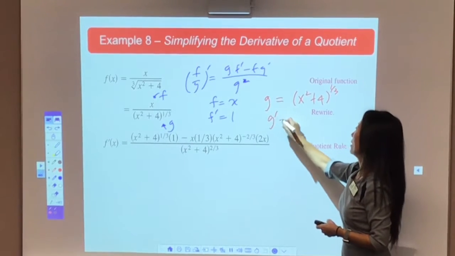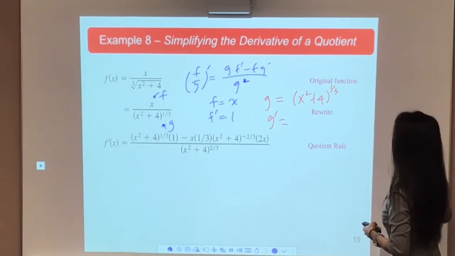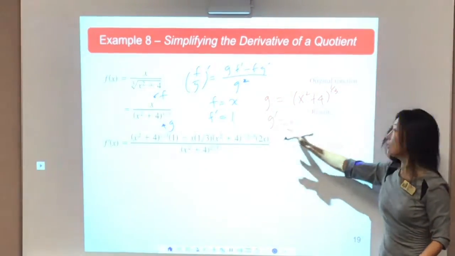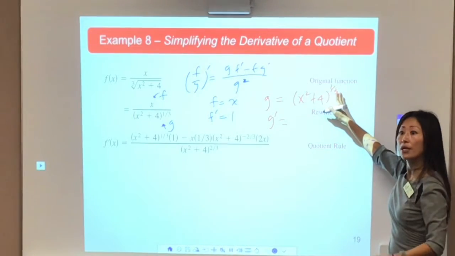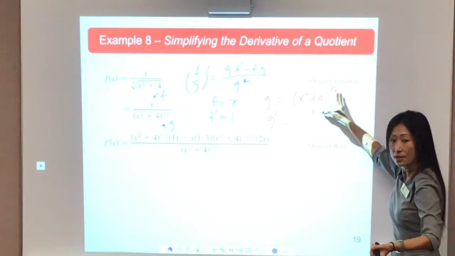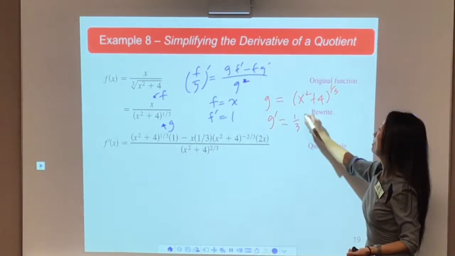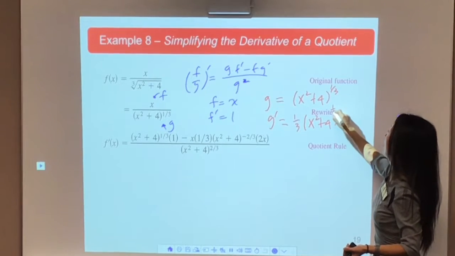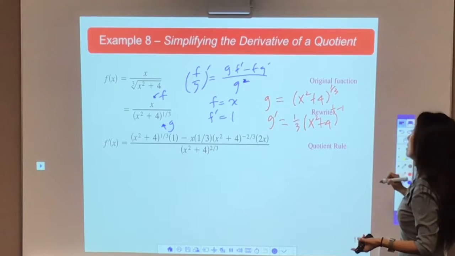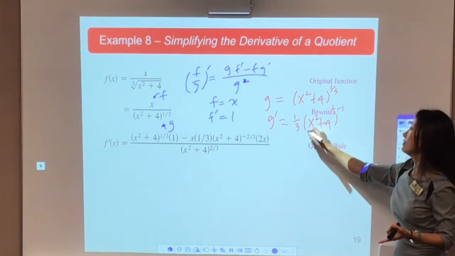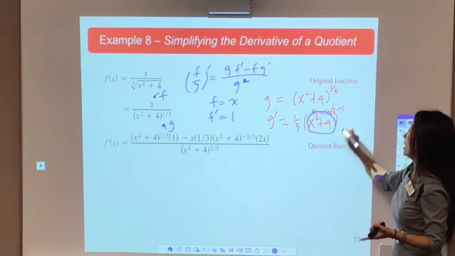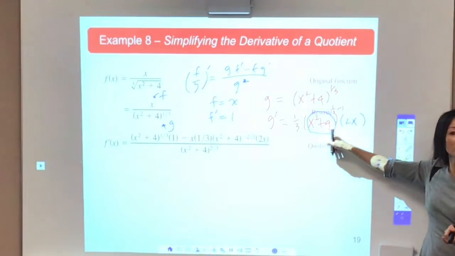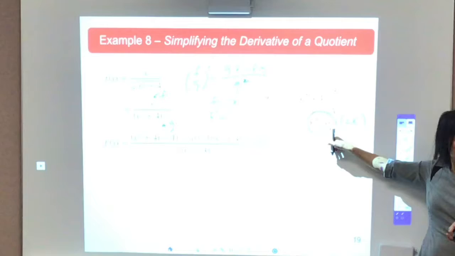What's my G prime? G prime is the one where you use a chain rule. It's like a power rule, but a super power rule. So I do 1/3 times x squared plus 4 to the 1/3 minus 1. Am I done? No. Then I have to take the derivative of u. What's that equal to? 2x, only 2x because the 4 becomes 0. Is everybody with me?